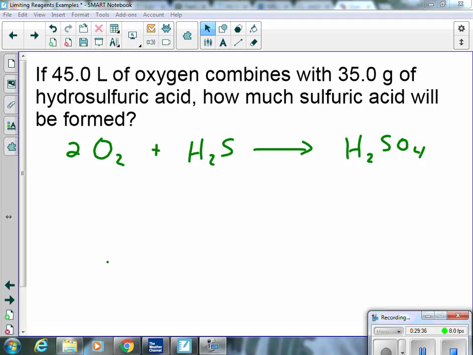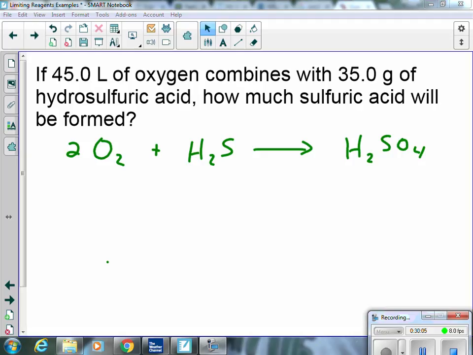He would take 45.0 liters of O2 and do what type of a process? Okay, but what are you doing? That's correct, but what are you doing? You're going from 45 liters of oxygen to where?